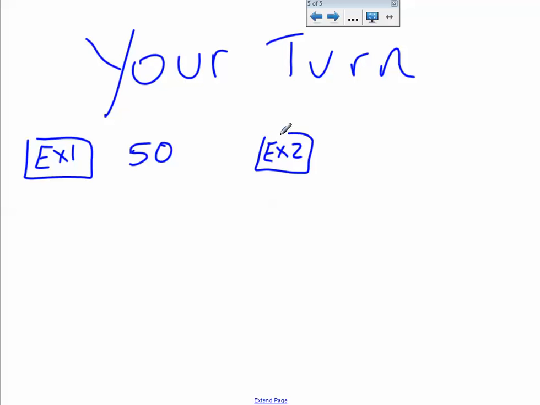Example 2, I want you to break down 90. And example 3, I want you to break down 180. Okay, those are your 3, and then tomorrow we'll work on this a little bit more and see how you're doing on this, and we'll go from there.